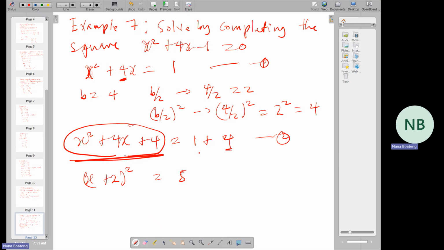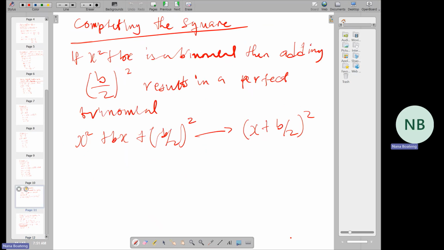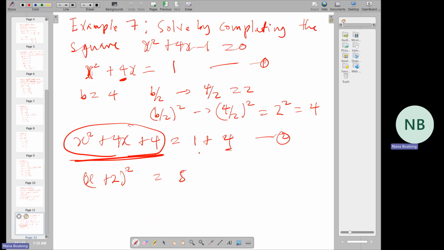If you go back to the previous example, the guiding factor was that if we add b divided by 2 squared, then this becomes a perfect trinomial, x plus b divided by 2 all squared. So b divided by 2 is 4 divided by 2, which is 2.